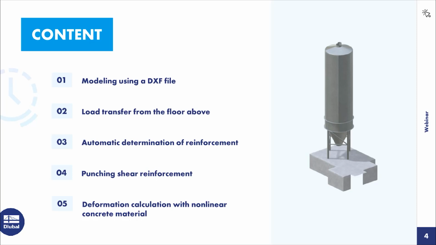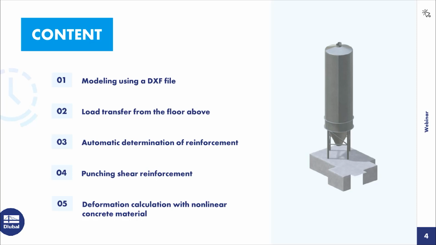And in the second chapter, I will show you the possibilities of our load transfer options from one model to another. The third chapter will be our automatic determination of reinforcement, on the one hand for surfaces, and it's also possible for members. At the next point, I will show you our punching shear reinforcement.